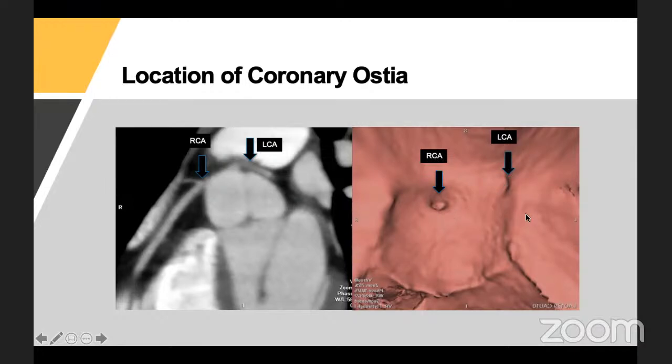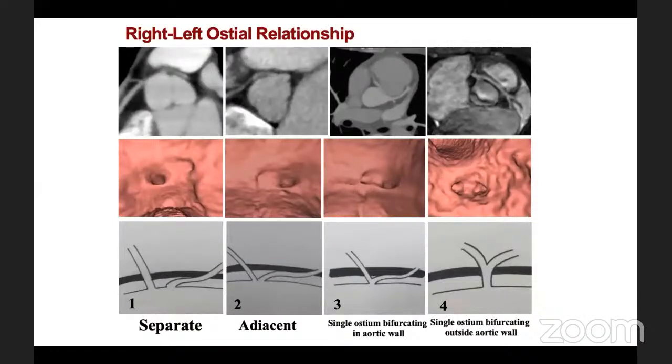As you can see, here it is not originating in the right position, so it's not central like the RCA in the middle of the coronary sinus, but it's actually displaced and localized into the right coronary sinus, but above here, very close to the commissure, with a slit-like morphology of the coronary ostium, so you can't really see the lumen of the coronary arteries proximally, because it's squashed and reduced in caliber and in shape because of the intramural course.